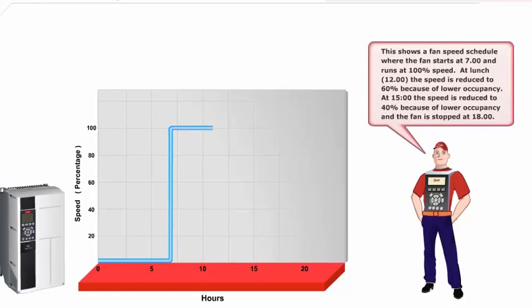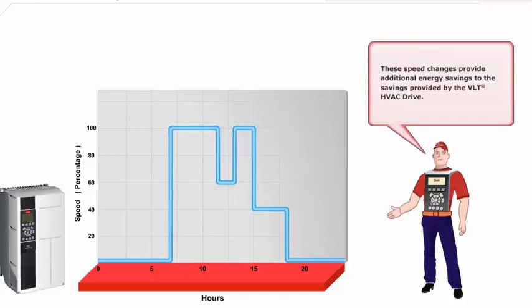At lunch, the speed is reduced to 60% because of lower occupancy. At 15 the speed is reduced to 40% because of lower occupancy, and the fan is stopped at 18. These speed changes provide additional energy savings to the savings provided by the VLT HVAC drive.